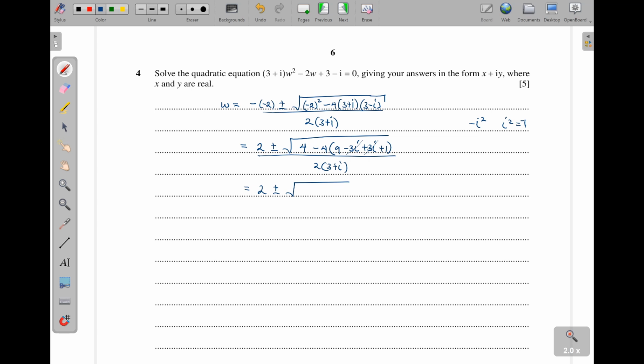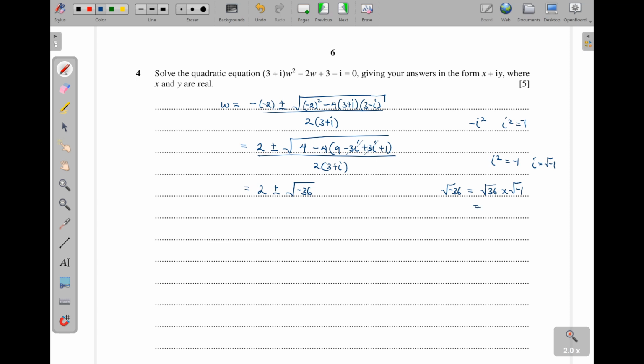After getting that 40, 4 minus 40, that is root of negative 36. And root of negative 36 is equal to root of 36 times root of negative 1. If i squared is equal to negative 1, that means i is equal to root of negative 1.